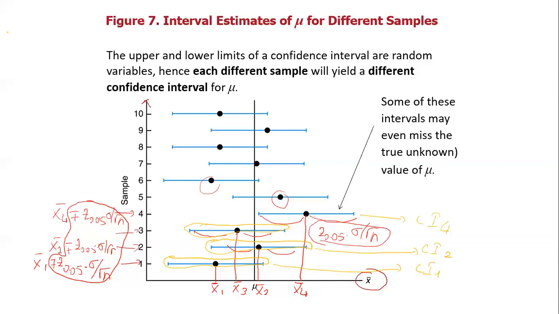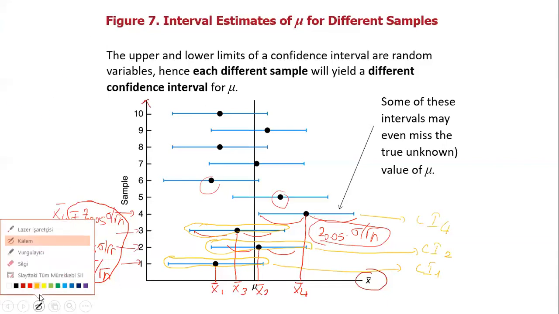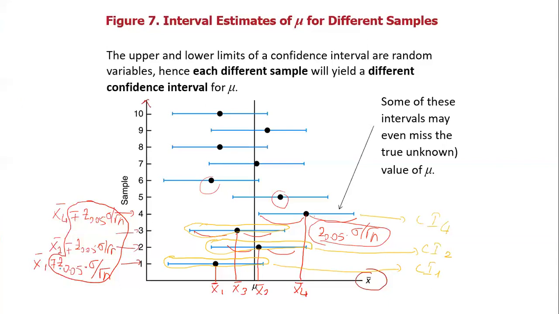So what's the catch here? We say that this is a 90% confidence interval. What does this show us? A 90% confidence interval means that you are 90% sure that your mu is in the confidence interval.